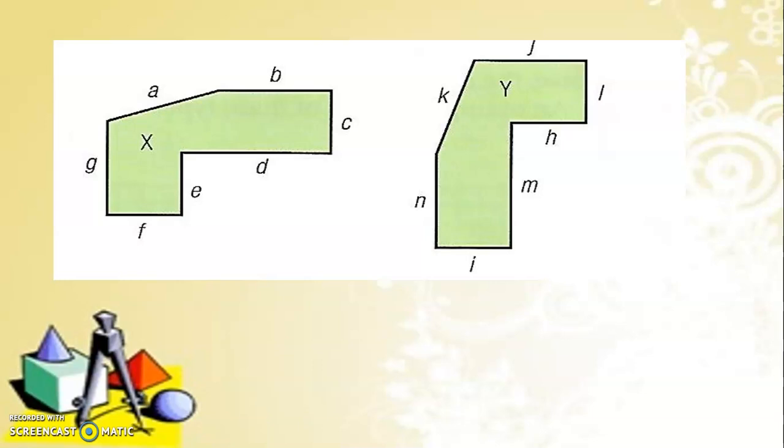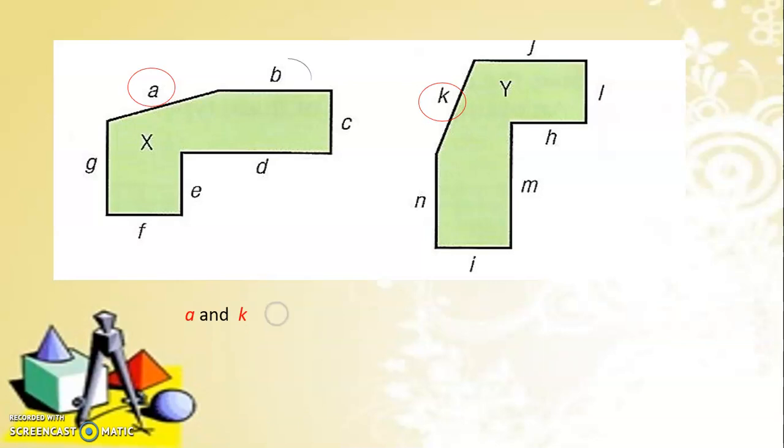We will see which side of figure X is congruent to the side of figure Y. I will start with letter A. Which side is congruent to side A? Side K is congruent to side A. So we say A and K are congruent to each other.